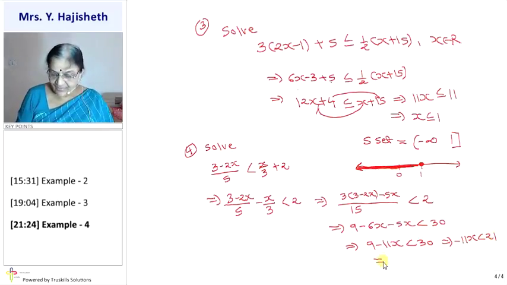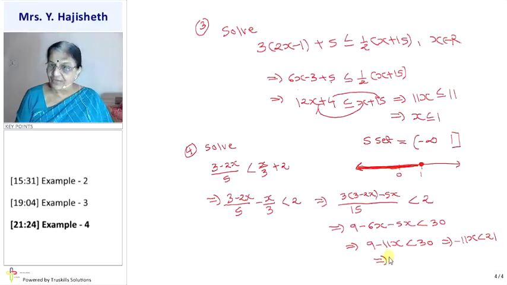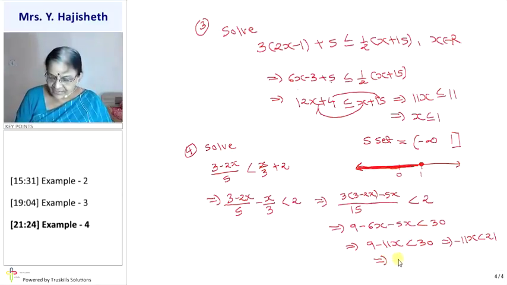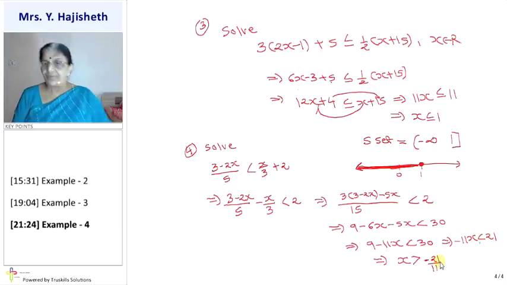So my minus 11x less than 21. My minus 11 is negative. So if I divide both sides by minus 11, then my inequality changes. This less than is going to become greater than, minus 21 by 11. When I take minus 11 to that side, I have the property: A greater than B, but C less than 0, then AC less than BC.